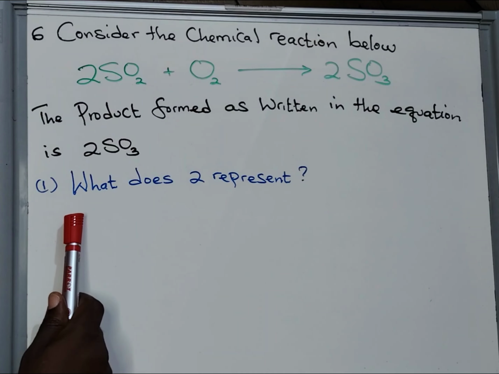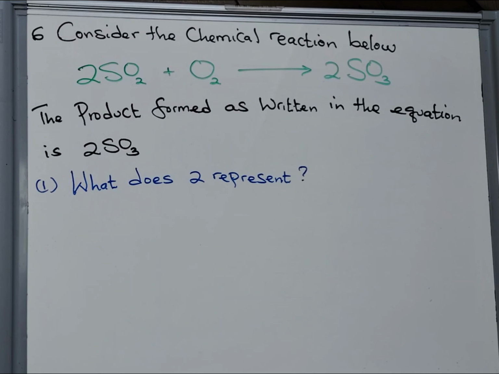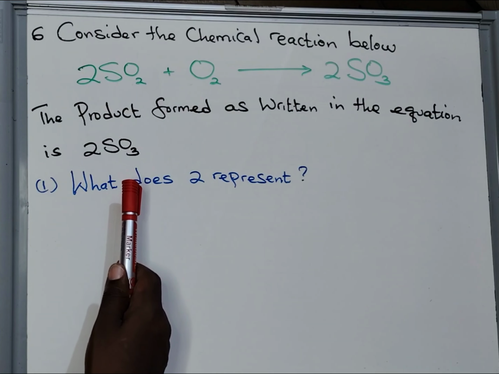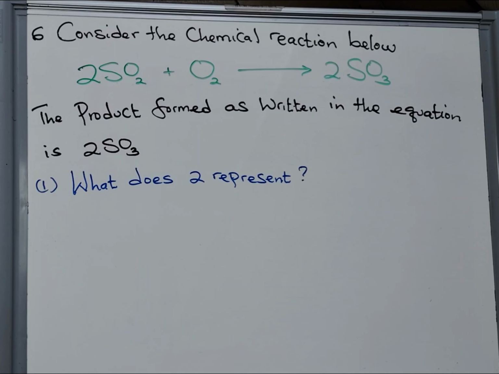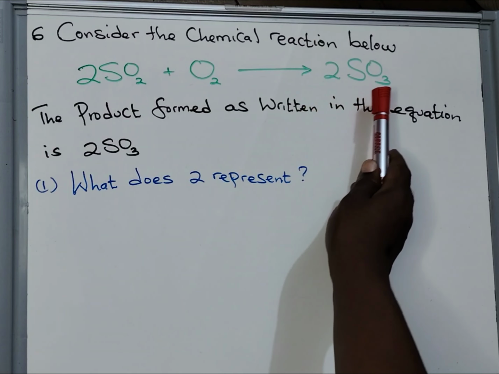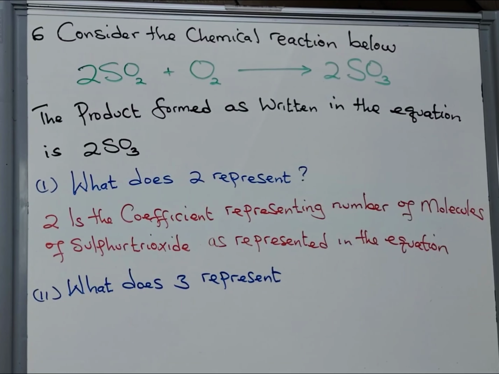The question says, what does 2 represent? 2 is the coefficient, but what does it represent? It represents the number of molecules as represented by the equation. So that is that.